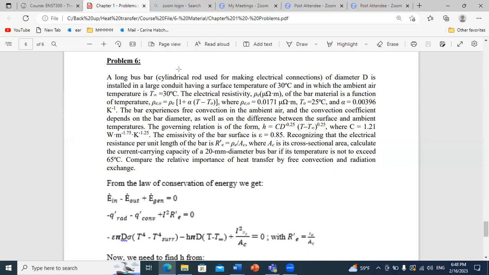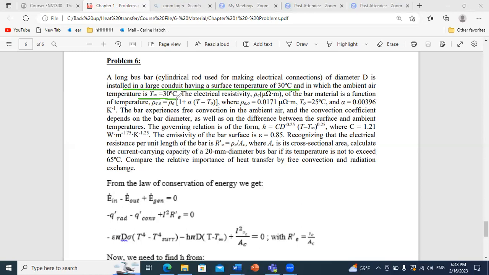When they tell you that the long cylindrical rod is installed in a large conduit having surface temperature of 30 degrees, they gave you the temperature of the enclosure. So you can automatically think about radiation and about net radiation. You have emission and you have absorption. And also they gave you the air temperature, so you might also have convective heat transfer with air.